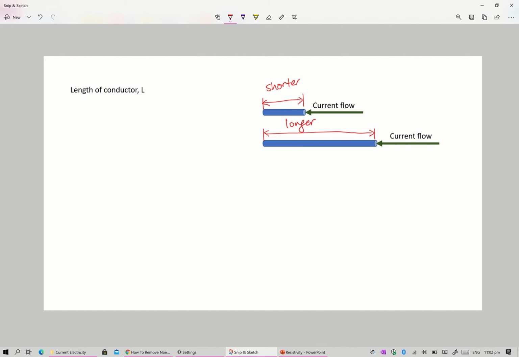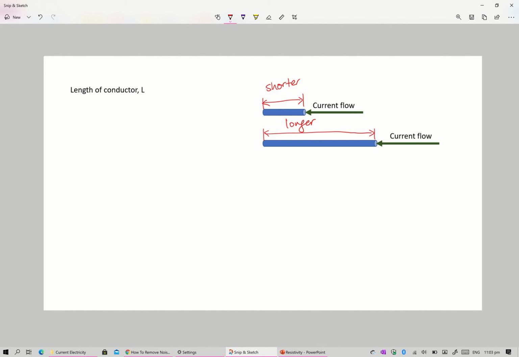Is it easier for the current to flow through a shorter length or a longer length? Likewise, is it easier for you to run a shorter distance or a longer distance? The answer is quite obvious, right?